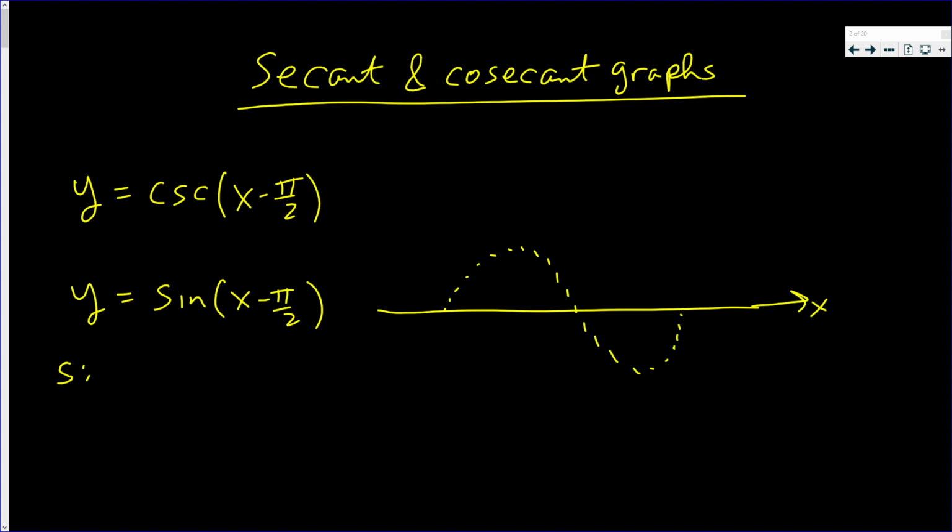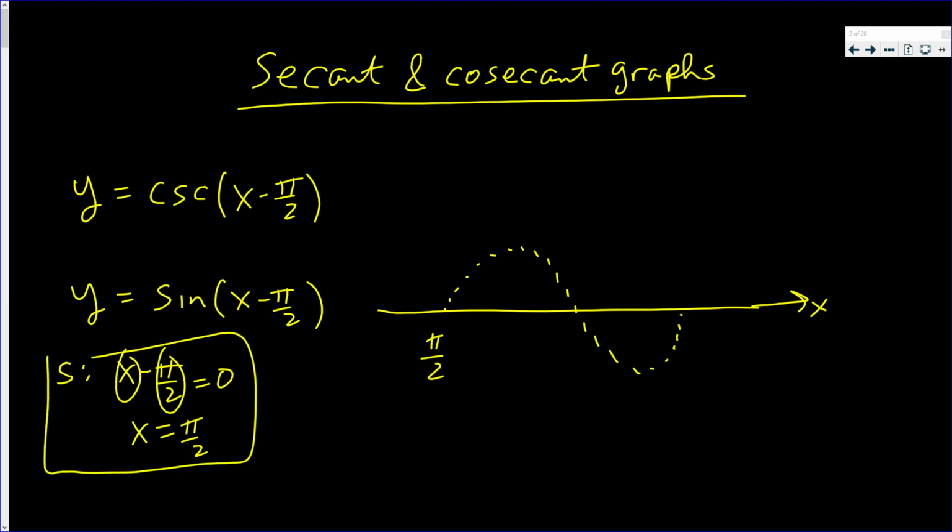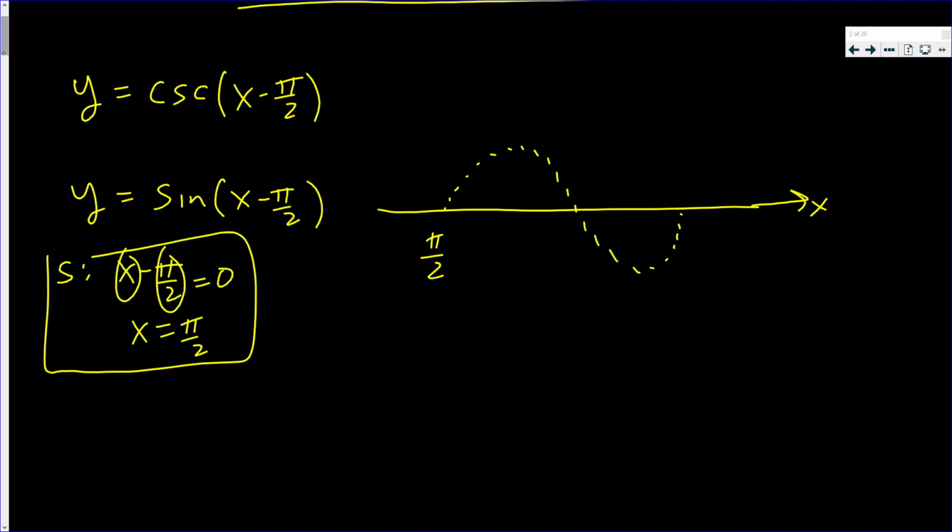Now, the start is going to be when the angle is 0. Again, if you subtract two things and you get 0, it's because they're equal. So we now know where it starts. Where does it finish? It finishes when the angle is 2 pi.